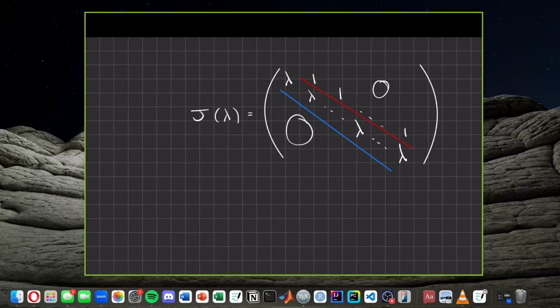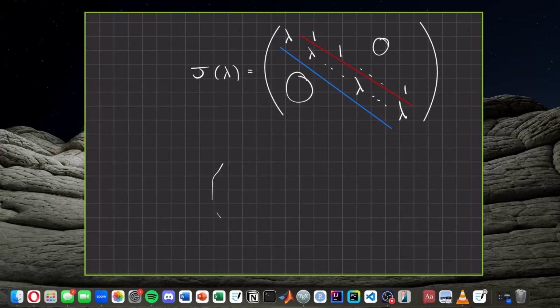If you can't tell already, this is an upper triangular matrix, meaning that we have elements only on the diagonal and above the diagonal, and everything below the diagonal is equal to 0. That's what an upper triangular matrix is. Something like this.